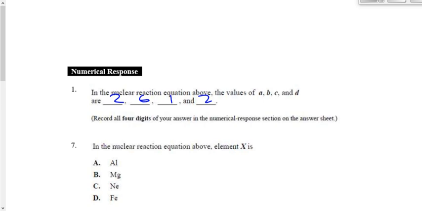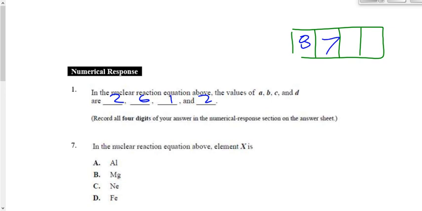In order to determine the 12, the atomic number, I used principle number 7, conservation of charge. That's right. So the follow-up question would have an answer of 8, 7. Does that make sense? The 2 physics principles used were principle 8 and 7, and then we would leave the last 2 blank. Okay?